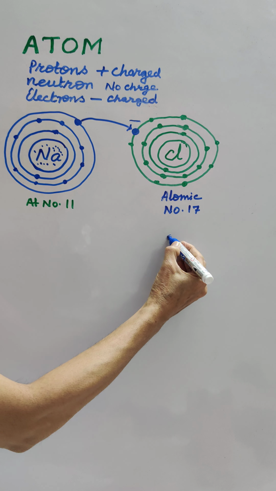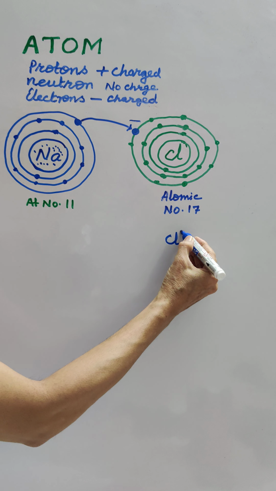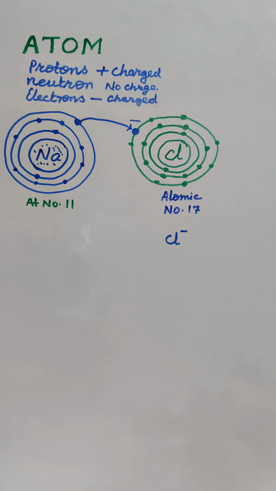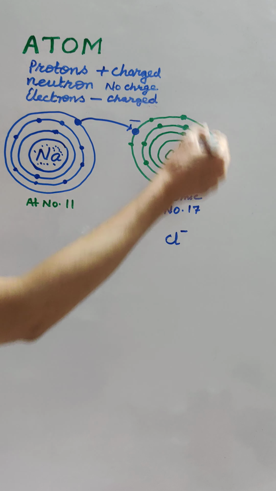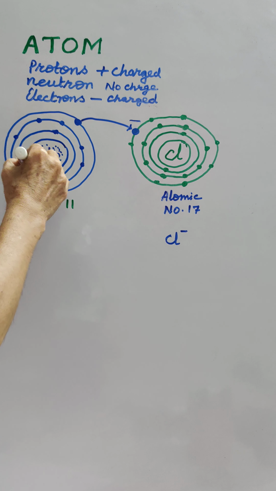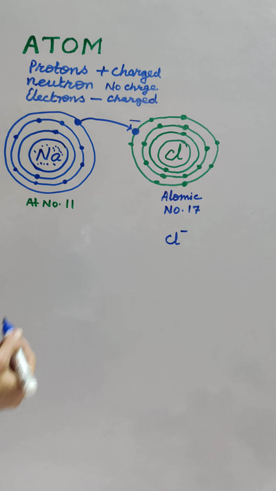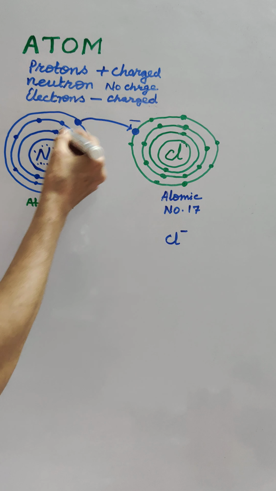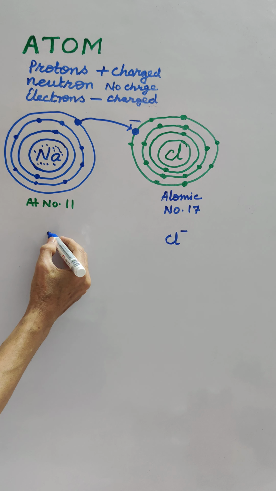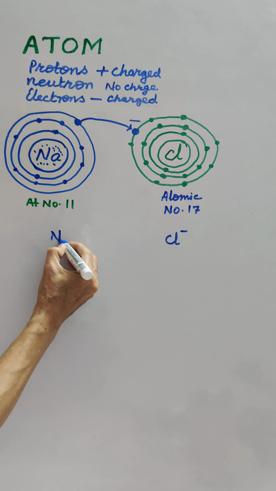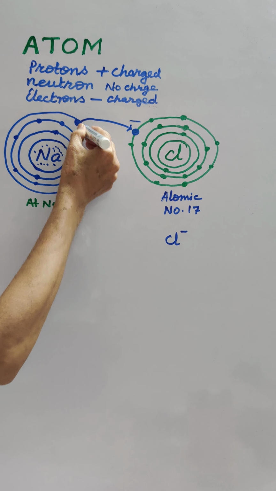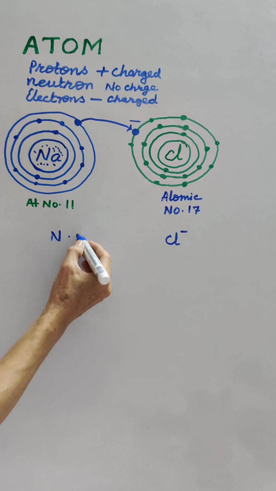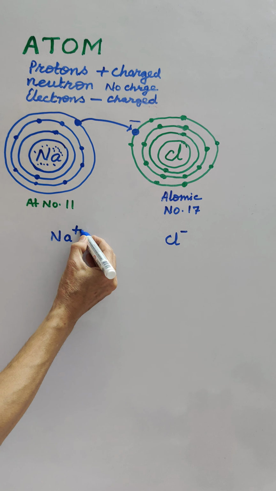So this way this will become chlorine negative, and this is losing one electron since it is a metal, and this is a non-metal. Non-metals gain electrons, whereas metals lose electrons, or metals donate electrons. This will lose one electron to form Na positive. Protons will be 11 and electrons will be 10. So this way it will become Na plus.